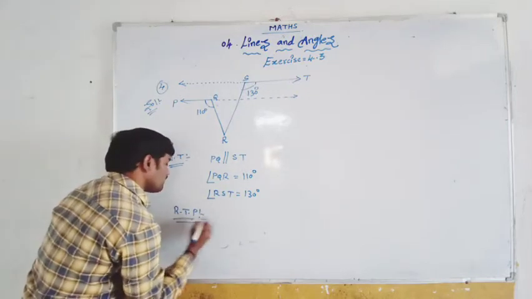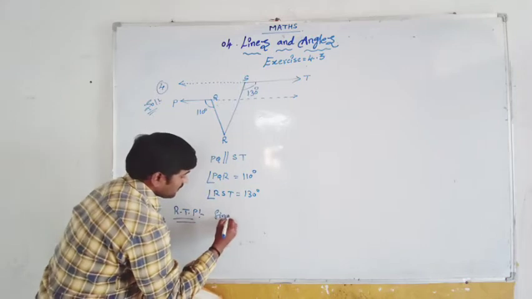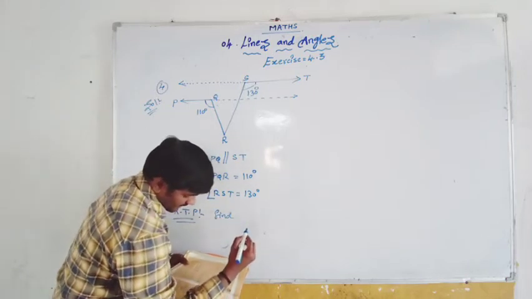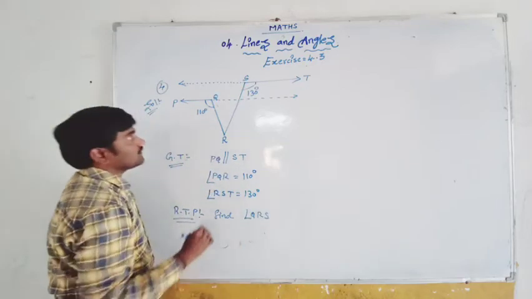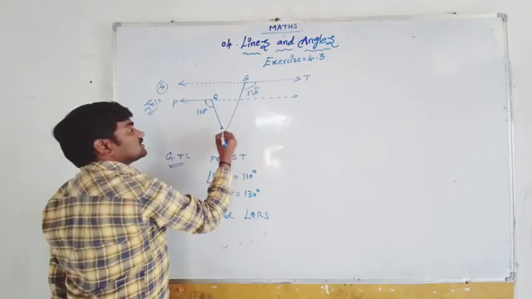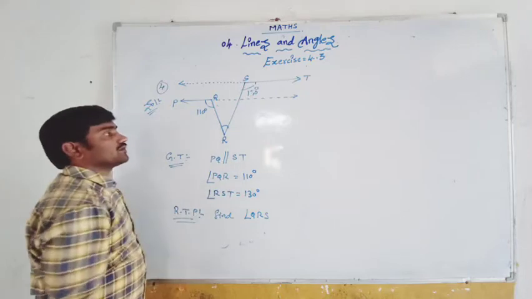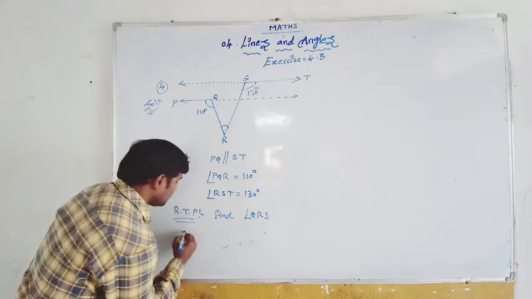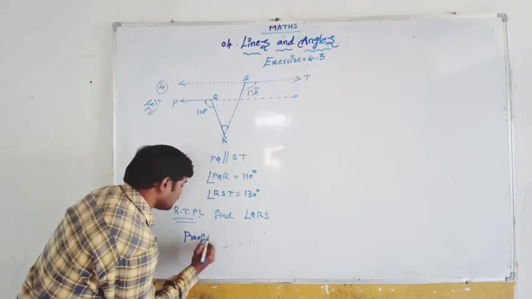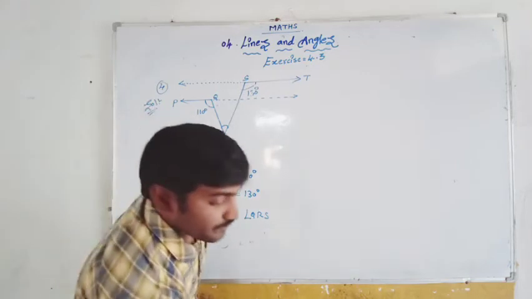Find angle QRS, Q to R, R to S. This angle we need to find out. So how can we find out the angle QRS? Let's think here and try to do it. This is the question.